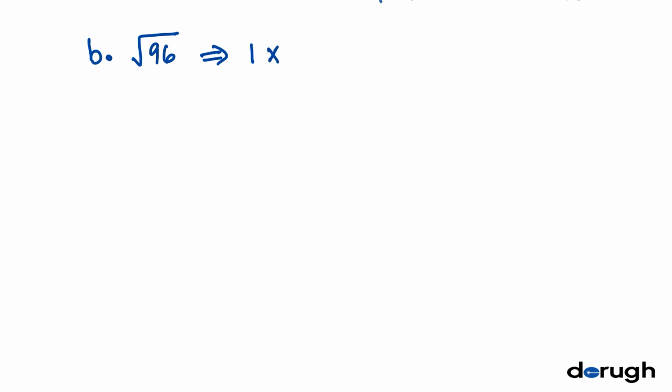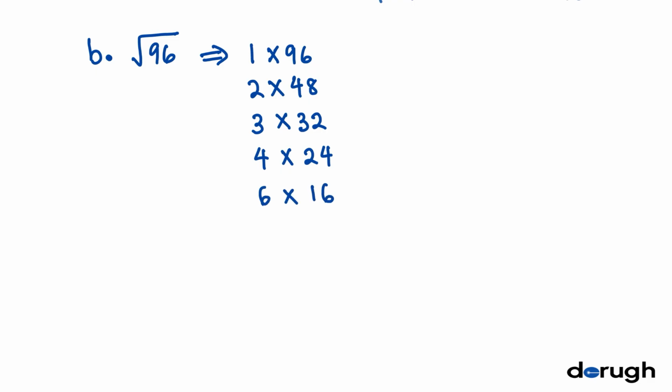We have 1 multiplied by 96, 2 multiplied by 48, 3 multiplied by 32, 4 multiplied by 24, 6 multiplied by 16, 8 multiplied by 12.